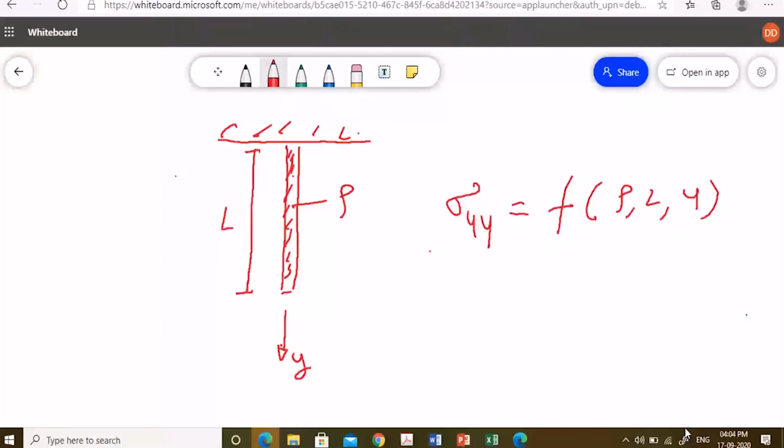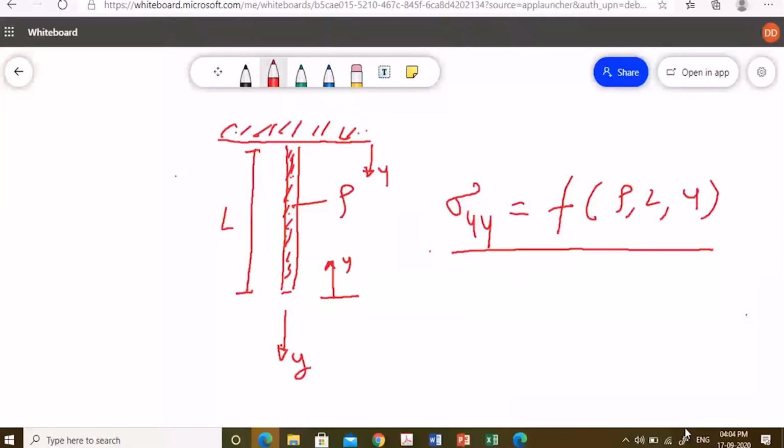This is fixed here. The rope has a density rho. So what is the normal stress developing at any point here? Maybe you can consider y from here, y equals 0 here, or you may consider y going up here also; it doesn't matter where you consider y. So you have to derive an equation where sigma yy is a function of rho, L and y.